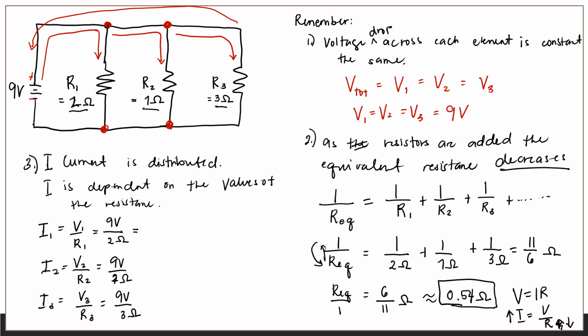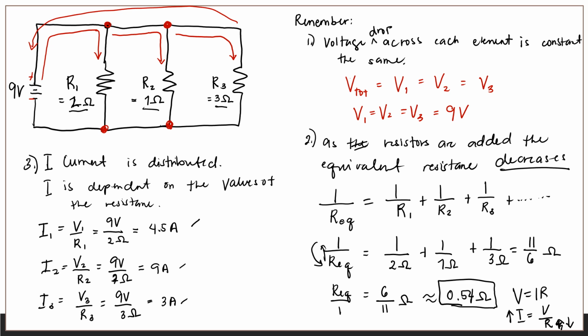You're done solving. The answer for the current in resistor 1 is 4.5 amperes. For the second, we have 9 amperes. And for the third, we have 3 amperes. So these are the values of the current in the whole circuit.